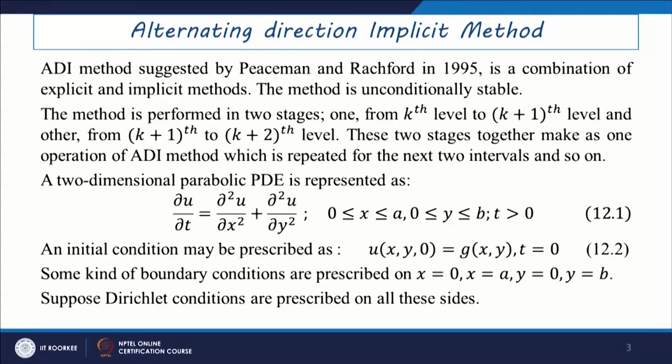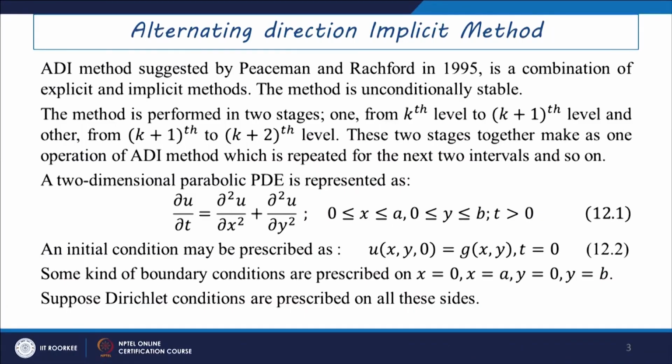Initially, at t equals 0, we have to provide all these initial guessed values at the first level. Afterwards we can use these boundary conditions in the x direction or y direction, keeping t changed, but these boundary conditions should be fixed.